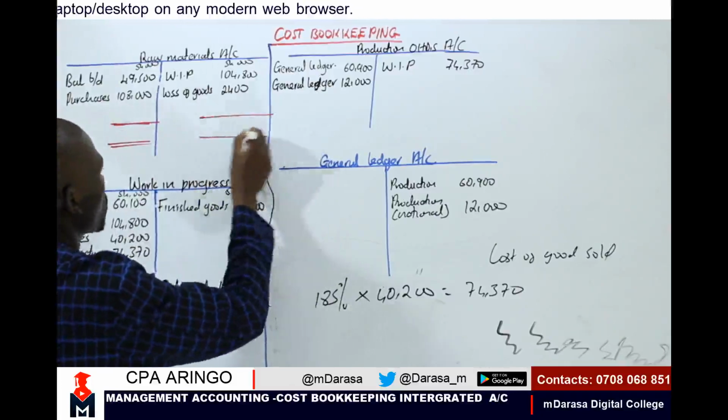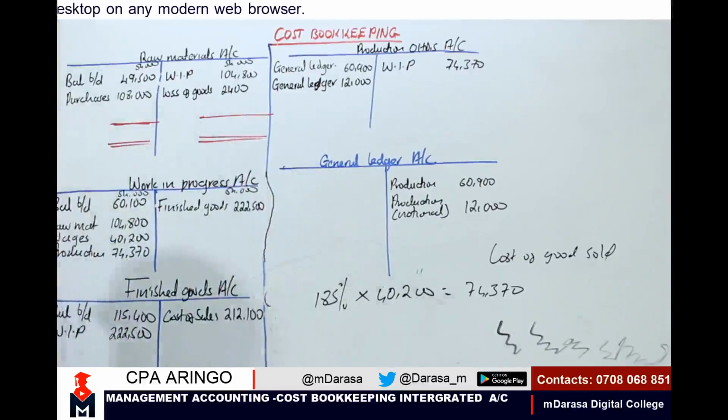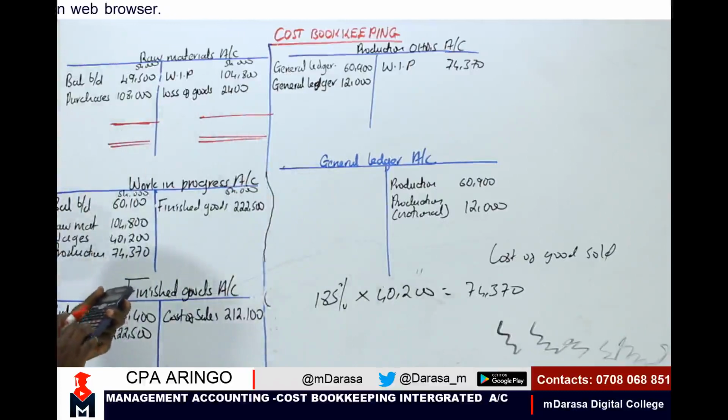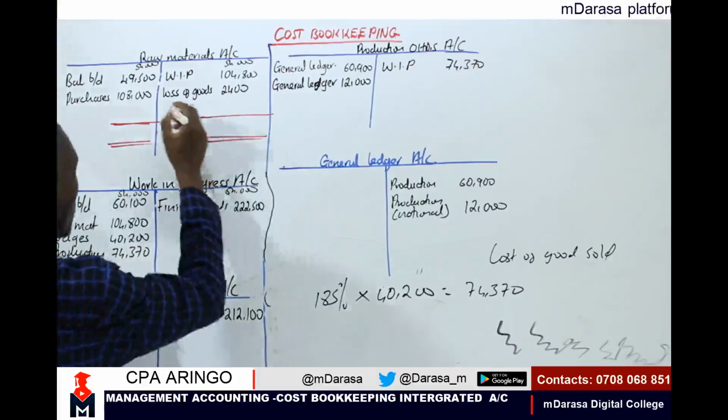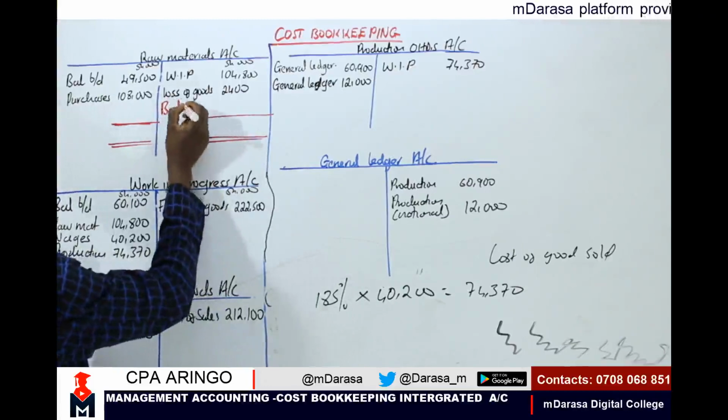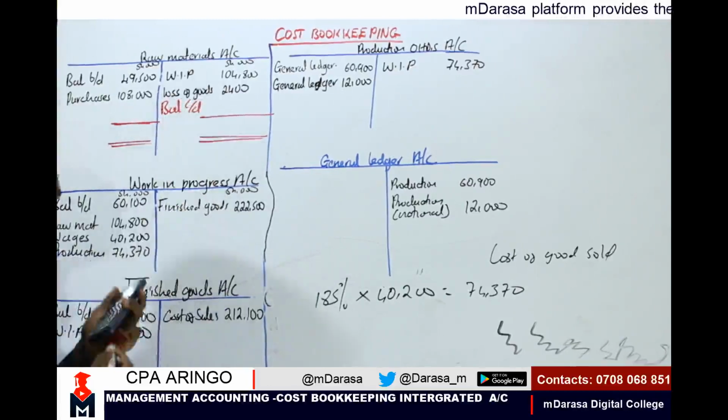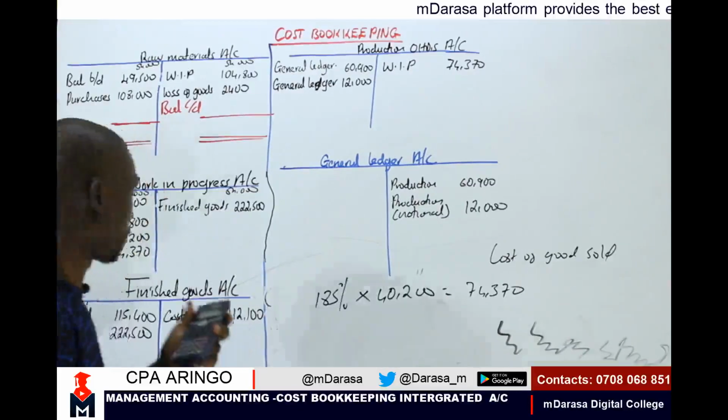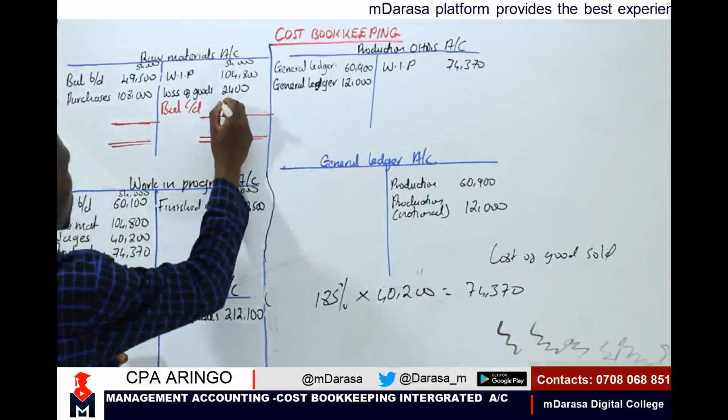Closing our accounts here, we should be talking of 49,500 plus 108,000 minus 104,800 minus 2,400. I should be having my balance carried down. Therefore, I'll be having a figure of how much? 5,300.